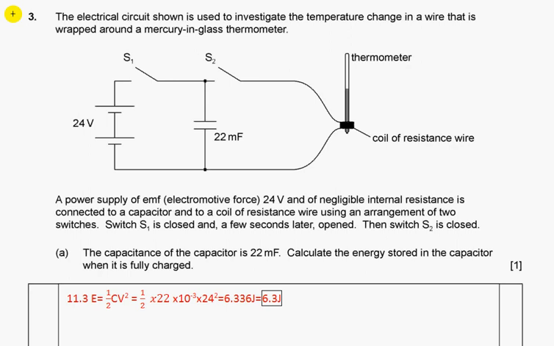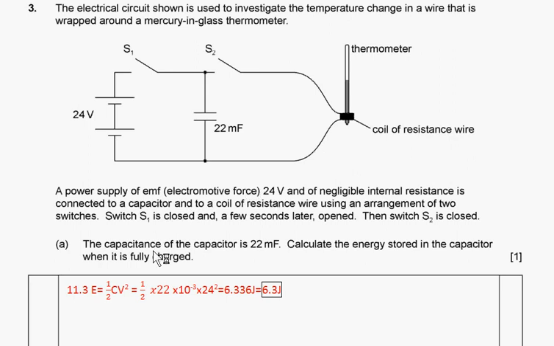Then switch S2 is closed. So when switch S1 is closed, the capacitor is charged and gets the same voltage, 24 volt. Then we open the switch and we close the other switch. The capacitor is discharging and current flows through the coil and heats it at the same time.